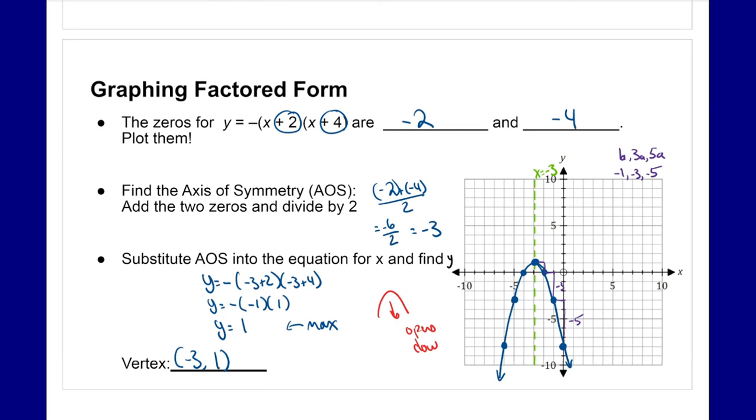We may need to use the step pattern to find more values. If not, we should at least be able to sketch it based off of the vertex and the x-intercepts and that axis of symmetry. So again, the main thing is this lesson was a focus on the factored form, understanding what information we can get from the factored form, and also what information we may be able to calculate from the factored form.